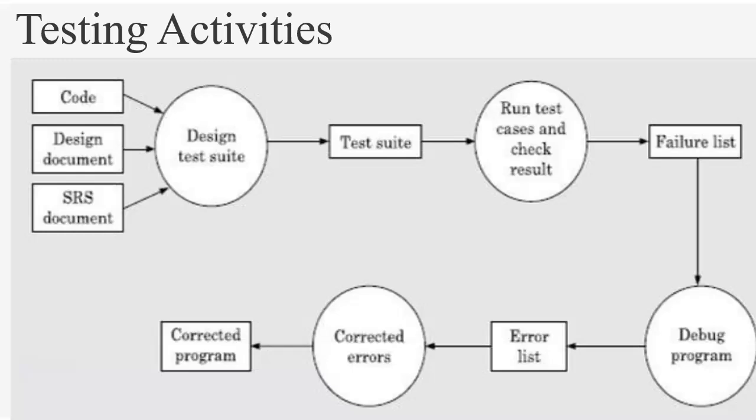So we have to design the test suite, and these test suites should be given to the particular product, and the failure list of the test cases has to be taken out. We have to debug the program and find the error list, and we have to correct the errors, and then it should be given to the designer again, and then the program will be corrected.